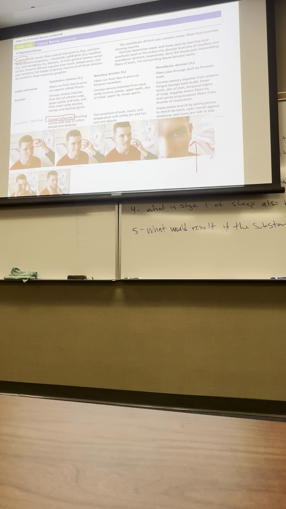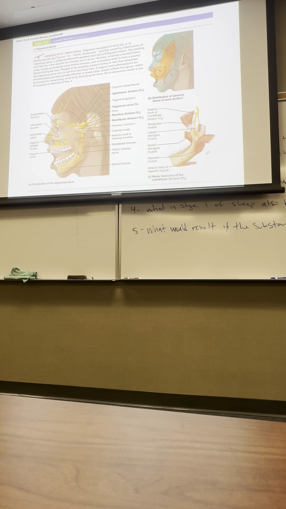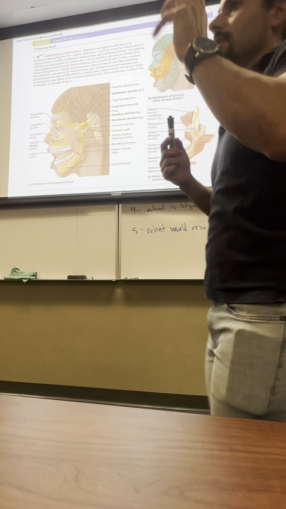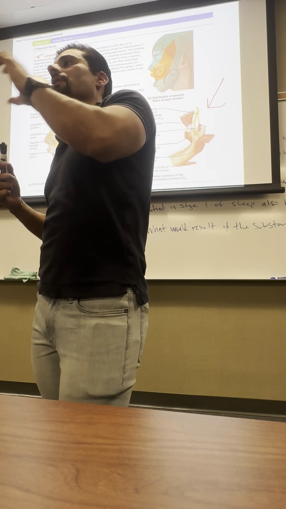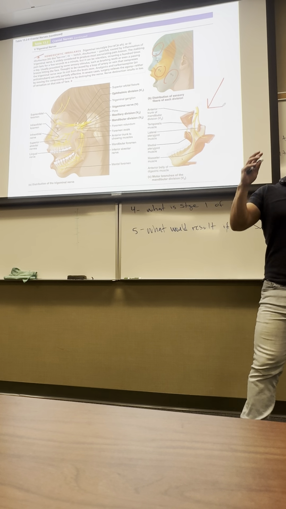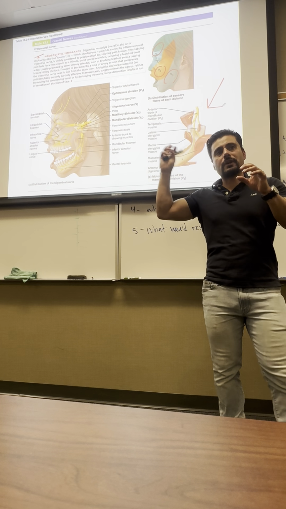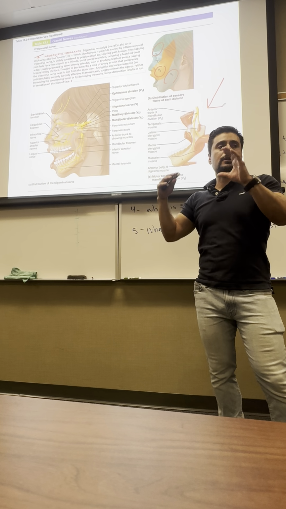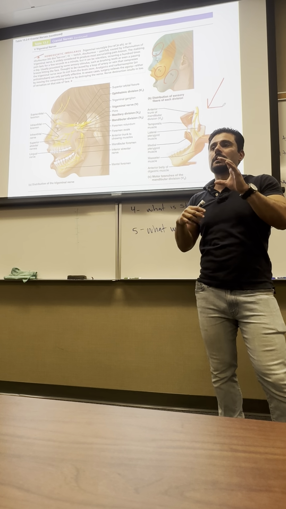The other very, very important thing to keep in mind is the motor dynamic. If you remember when we looked at the muscles of the skull, we looked at muscles for mastication. We said this cranial nerve innervates the muscles for mastication, and other cranial nerves innervate facial expression, or facial muscles.